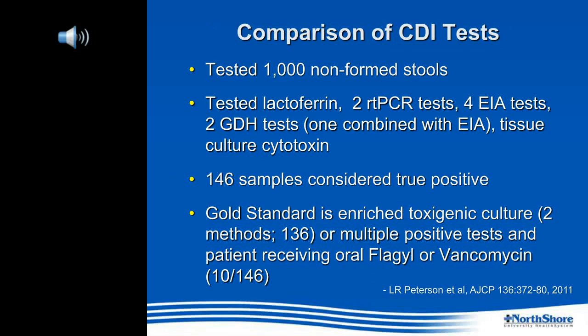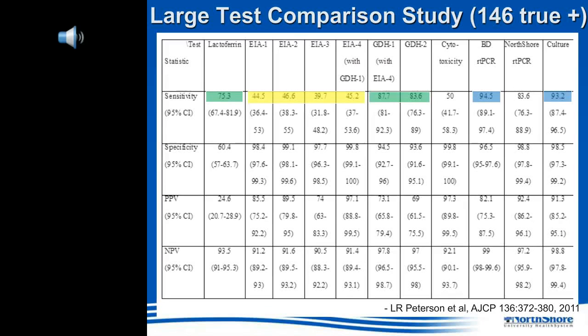This is another study that we published looking at 1,000 non-formed stools, again testing multiple assays, and we had 146 that were considered true positives by reviewing the chart. And we used as a gold standard enriched toxigenic culture, so both direct plating to agar as well as to broth, and then plating again to agar. And again, highlighting the sensitivity of the various tests, EIAs were under 50%.